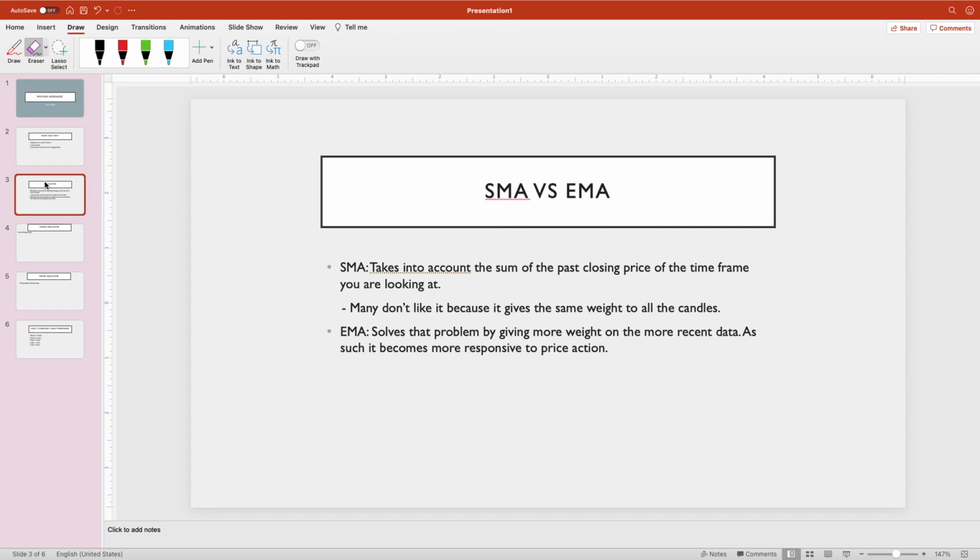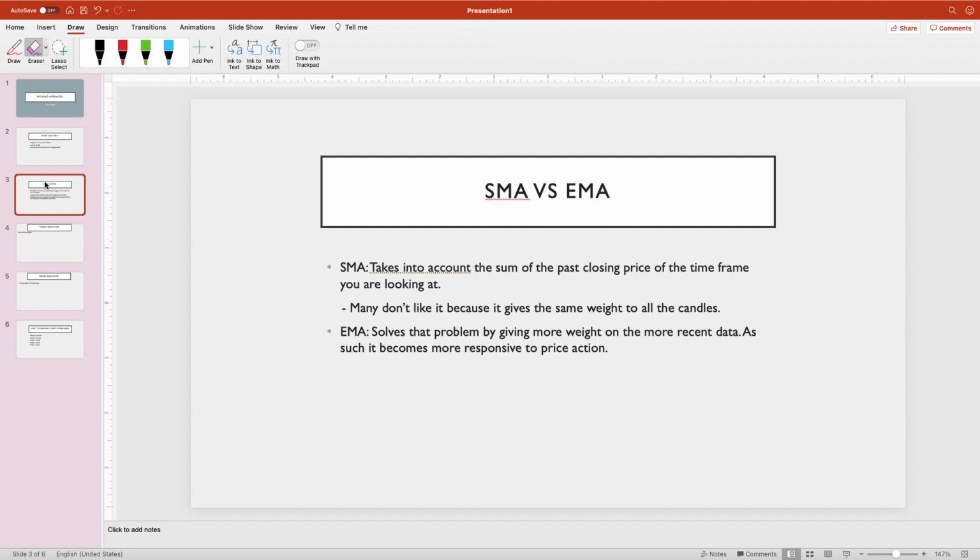This is an issue for many traders, because if you had a stock that was moving probably 20 cents a day, and now the stock is moving 40-50 cents, this is a big move and this is different. To solve this issue, the exponential moving average does this: it gives more weight to the recent data.